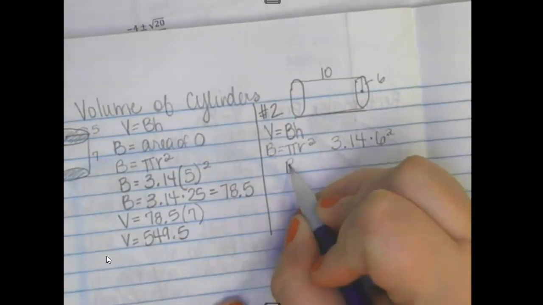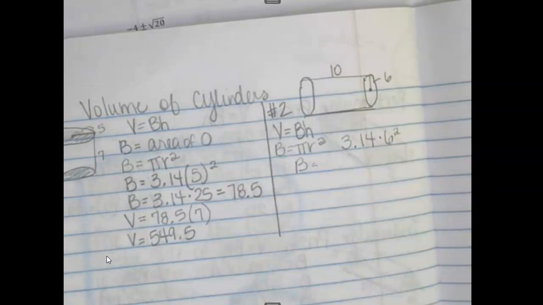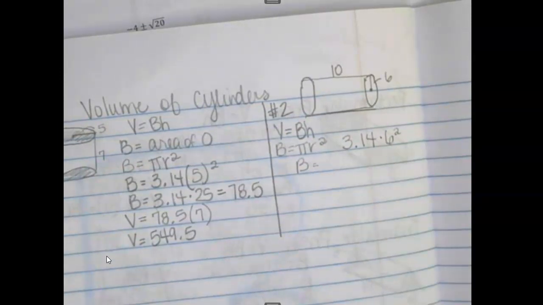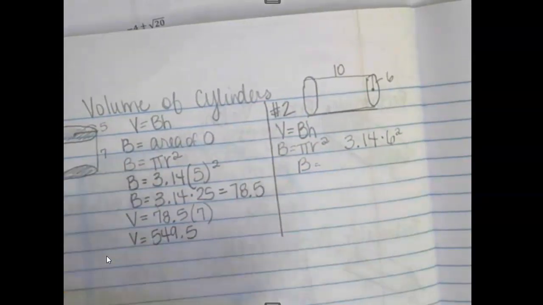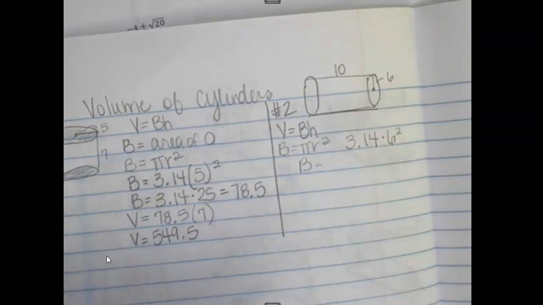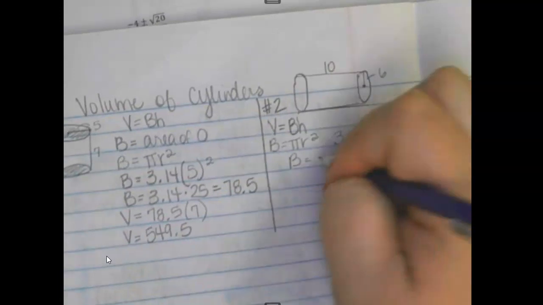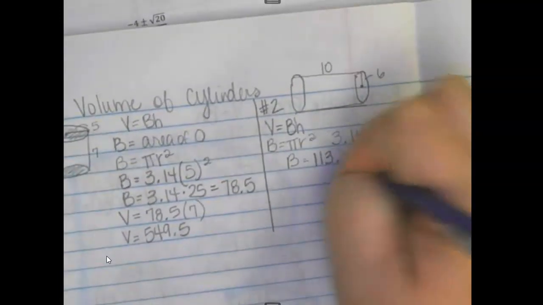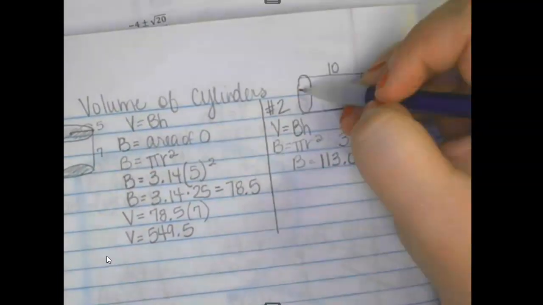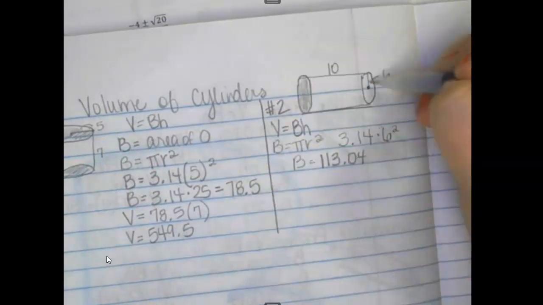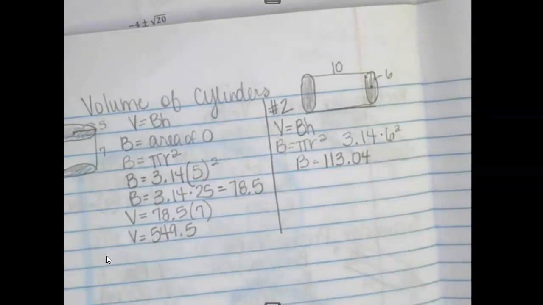My big B is going to equal 6 times 6, which is 36. So 36 times 3.14 is 113.04. Sorry, we should have shaded our base at the beginning. I'm very sorry, I skipped that step. Go back and shade your bases if you haven't.